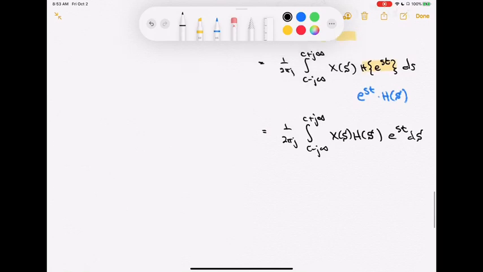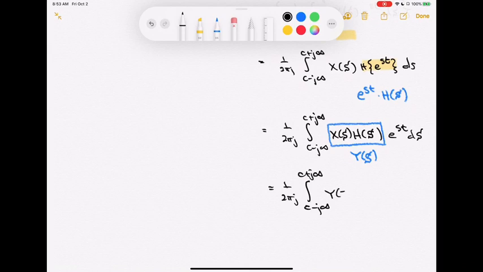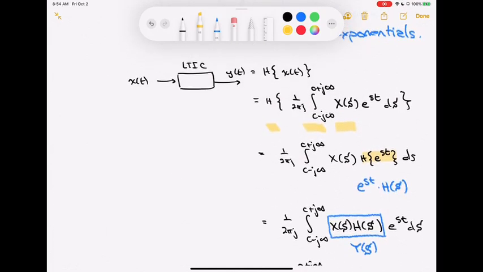It looks a lot like an inverse Laplace transform of something with a transform variable, x of s times H of s. Let's just call that Y of s. So I have 1 over 2 pi j, the integral from c minus j infinity to c plus j infinity, of Y of s e to the st ds, which I know is just my y of t. That's just the inverse Laplace transform of something with transform cap Y of s, and we knew before that it was indeed y of t.